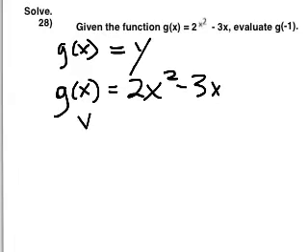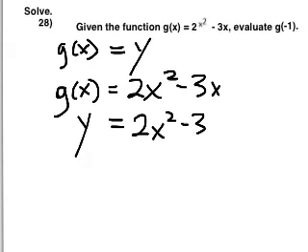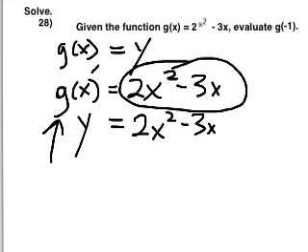It's the same thing as if it said y equals 2x squared minus 3x. It's just a different way of looking at it. It's thinking of the function as something that does something. It's like a machine. And what this function g does is it does this to whatever is in there.